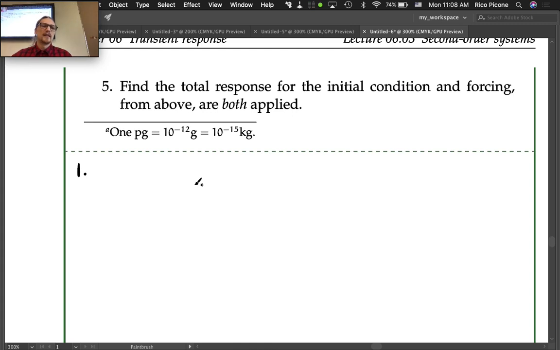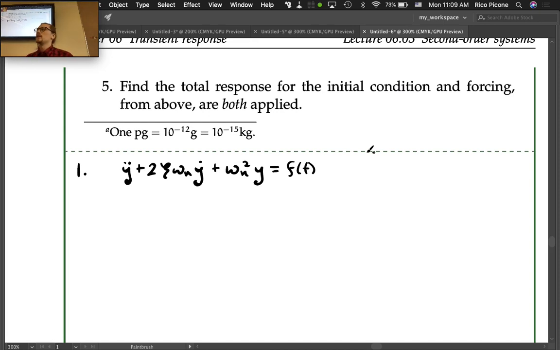And remember, we can use the standard form of the equation to identify what the natural frequency and damping ratio are: y double dot plus 2 zeta omega n y dot plus omega n squared y equals some forcing function, right? So that is the standard form for a second order system, and this is the form that defines for us what zeta and omega n will be for a given system.